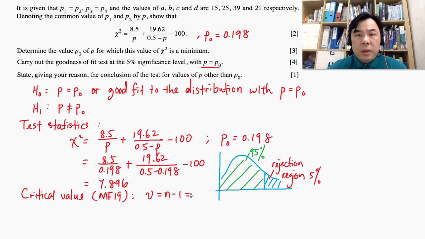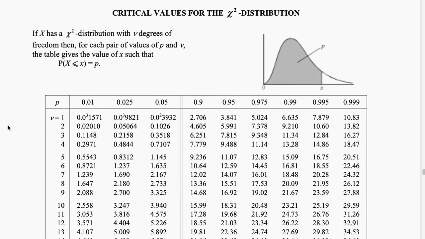We have 4 sets of data, so 4 minus 1, which yields 3. Now it's time for us to refer to the data booklet, looking at the chi-square distribution section in MF19.